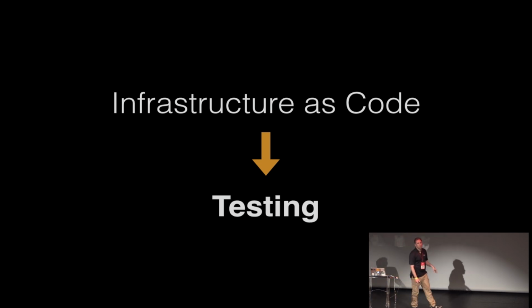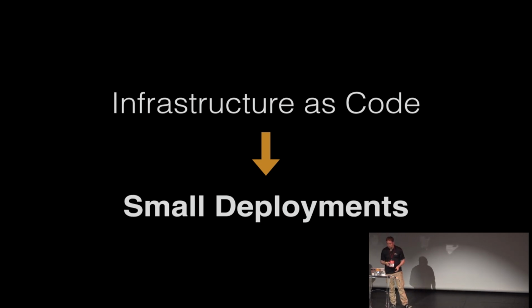And also, you can use this for testing, because if you have all your architecture described in a text file, you can use a disposable architecture, like a cloud architecture, where you can create resources, use them, and destroy them when you don't need them anymore. And so you can create a test environment on demand, because you have all the information that you need to create this test environment, use it, and dispose of it after the test has run. And also, you can use other best practices from software development, like small deployments.